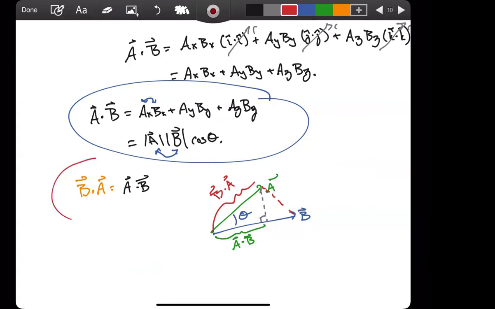So again, all the dot product tells me is how parallel one vector is to another vector. This is our geometrical interpretation.